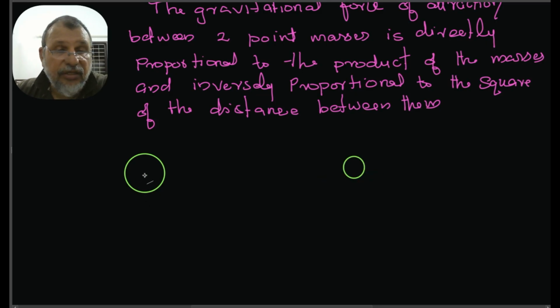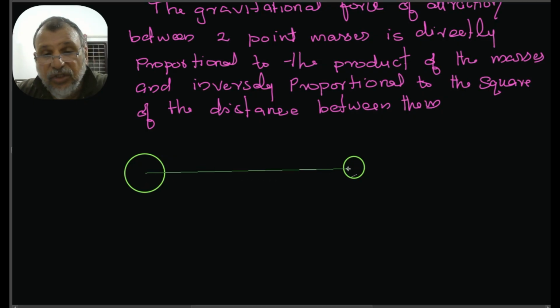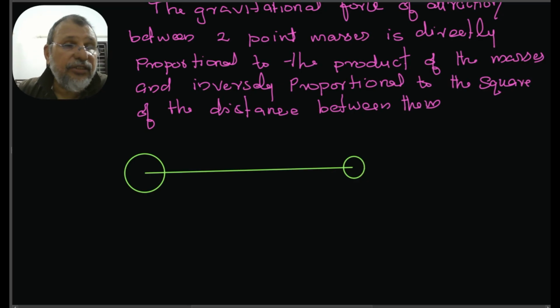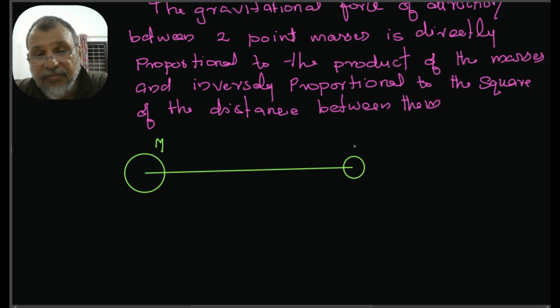Now this is the line joining the two bodies. The line is joining the centers of mass of the two bodies. Let's assume that this body has a mass capital M, and the mass of this body is small m, and the distance between them is r.